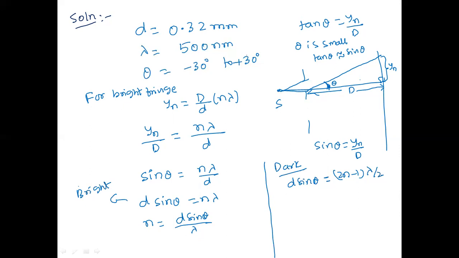Theta is 30 degrees. Small d is 0.32 millimeter. So 0.32 into 10 power minus 3 into 1 by 2, divided by the wavelength, which is 500 into 10 power minus 9. So n is equal to 0.32 into 10 power minus 3 by 2 into 500 into 10 power minus 9.